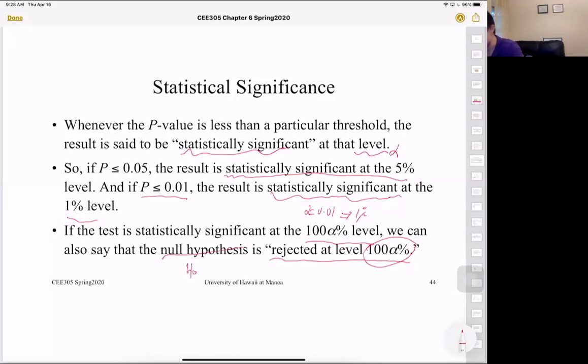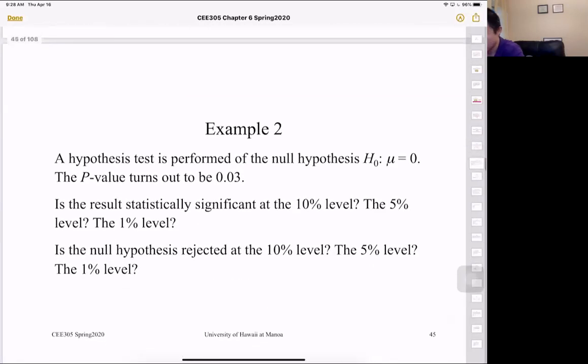The null hypothesis is H0. So let's see, we have a hypothesis test, and the null hypothesis H0 is mu equal to mu 0, and the p-value we calculate is 3%.